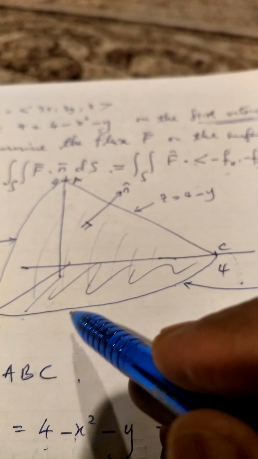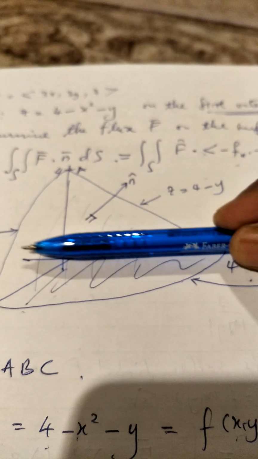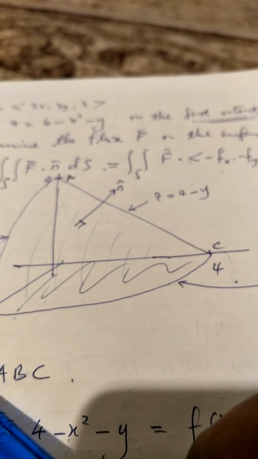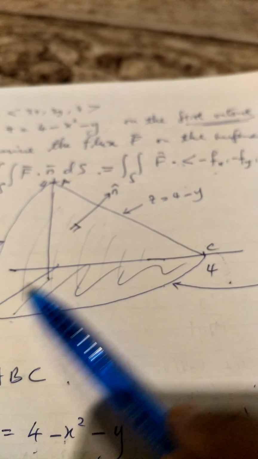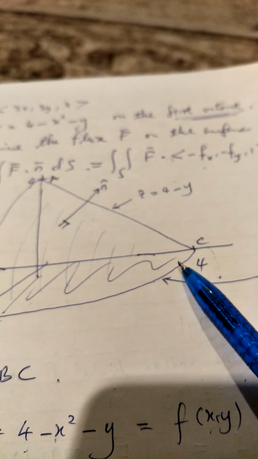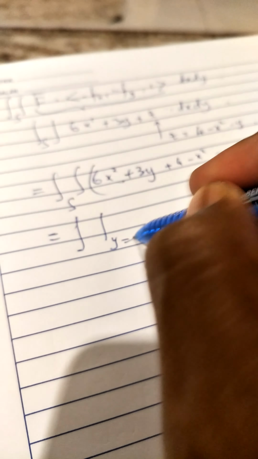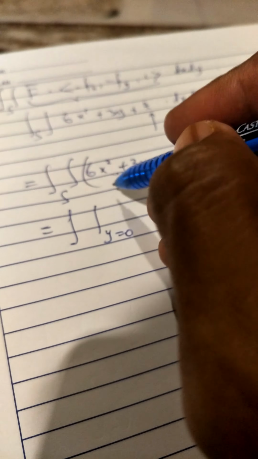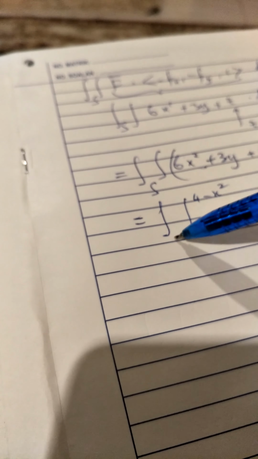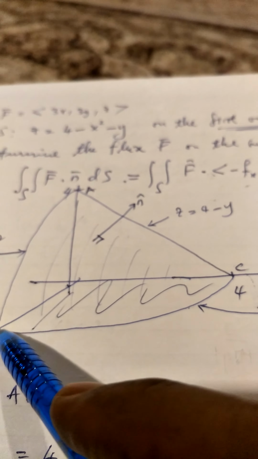Alright, so how do we choose the limits? You look at this y, you can choose y from 0, that line, to that curve. So you integrate y from 0 to the curve 4 minus x squared, and then for x, look at this, x goes from 0 to 2.